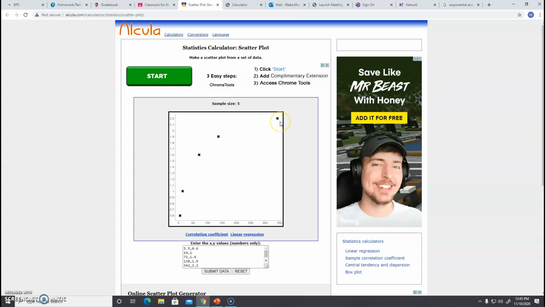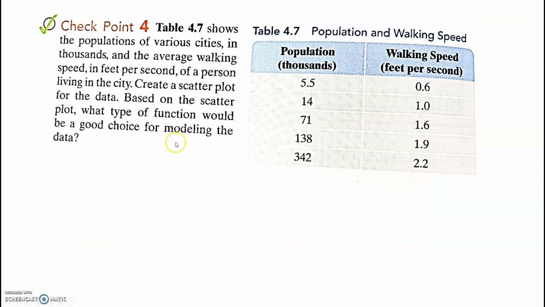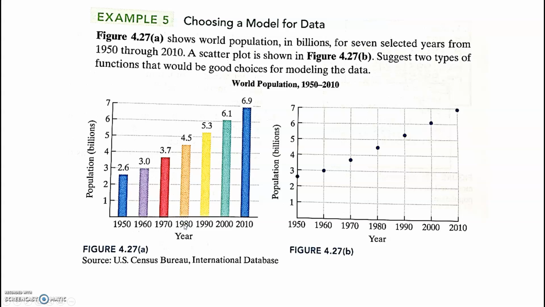Well, here I would use a logarithmic model. That is a logarithmic model. So you've got to know your graphs for these. So plot these in that scatter plot maker, and it'll do it for you.